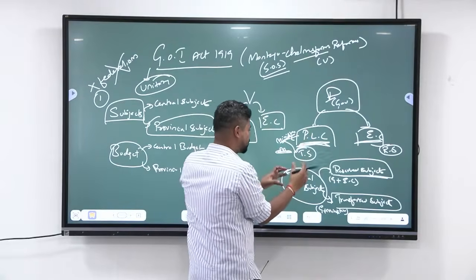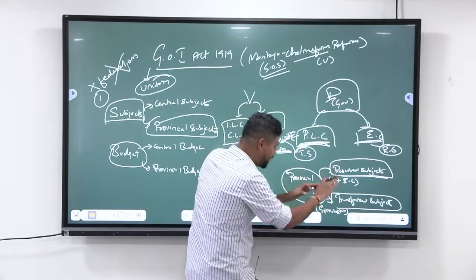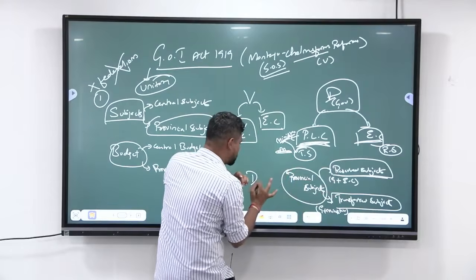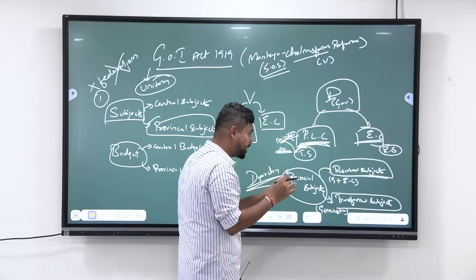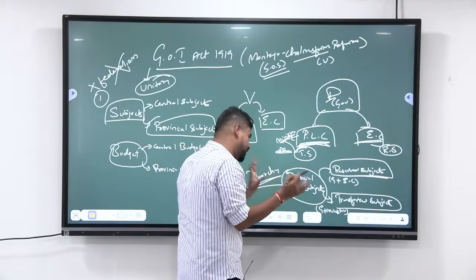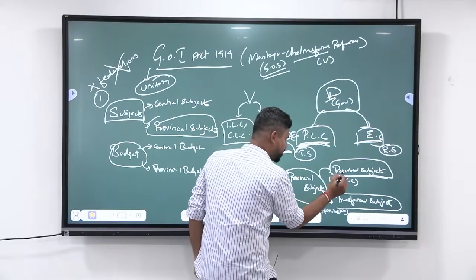Look at this. This division of the subjects into two parts between the Executive Council and the ministers, this is what is called diarchy. Now, look at this. Diarchy is in a way giving more power to the Britishers only and taking away powers from the Indian legislators because, look at this, reserved subjects.